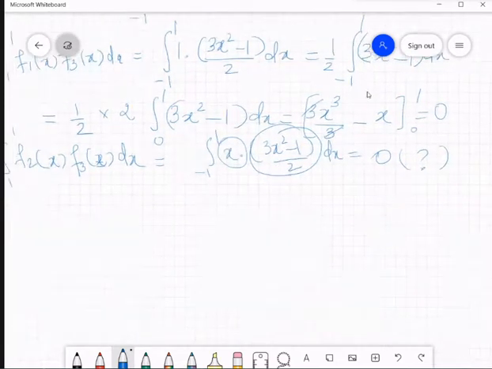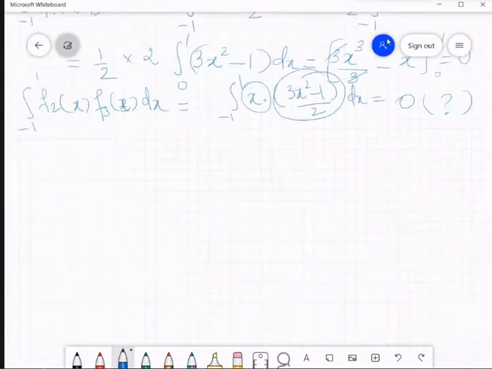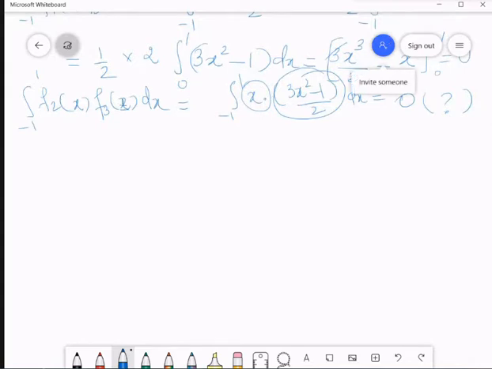Now it's still not over. We have to check the 6 conditions. 3 are done, so the remaining 3 have to be calculated. The first one is the integral from -1 to 1 of F1 square x dx. I should get a non-zero value.